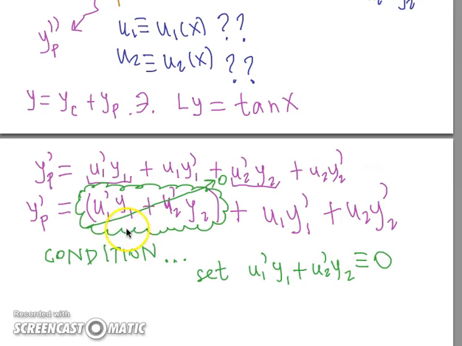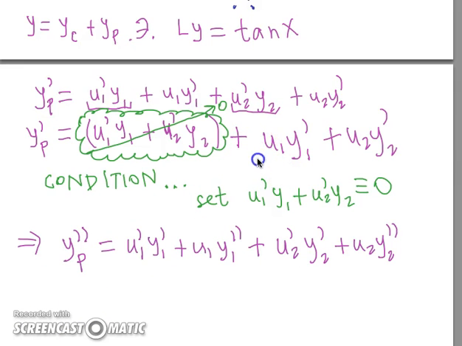Okay, before we move on, let's force that condition. Suppose that is equal to 0. So when we take the derivative of y sub p prime, we're differentiating only this term here, which also requires application of the product rule again, right? And that's how we obtain the second derivative of y sub p.